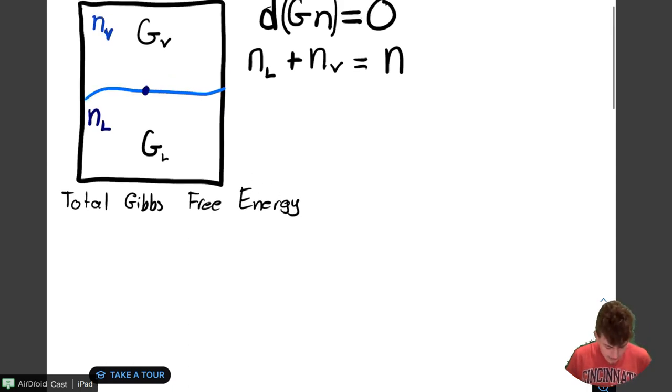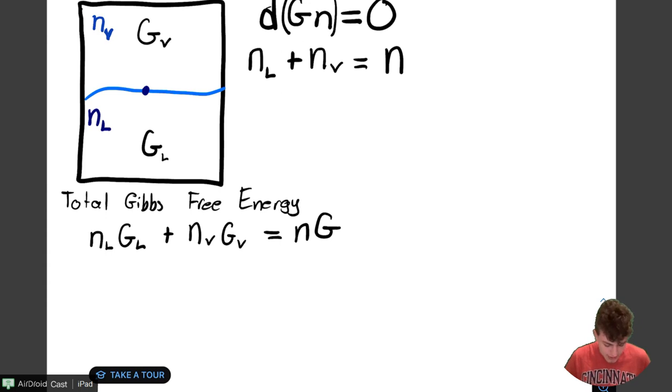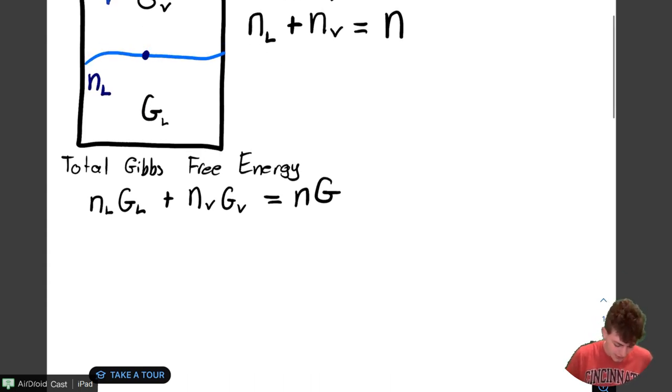And to do this, we will say that the number of moles of the liquid phase times the Gibbs free energy of the liquid phase plus the number of moles of the vapor phase times the Gibbs free energy of the vapor phase will equal the total number of moles times the total Gibbs free energy. Taking the differential of this equation, we will have to do some sort of product rule to these two terms. So let's go ahead and do that right quick.